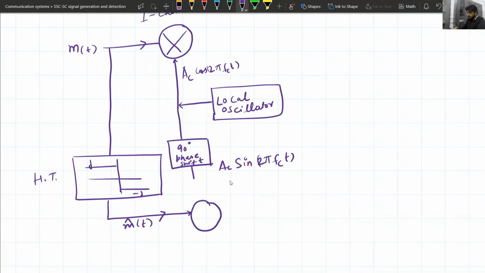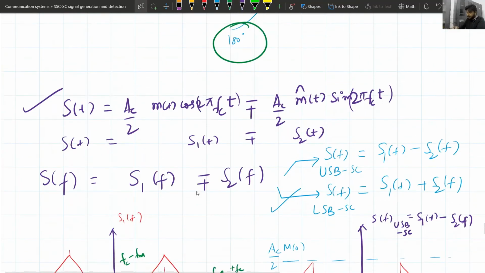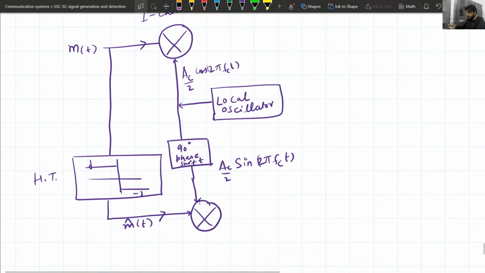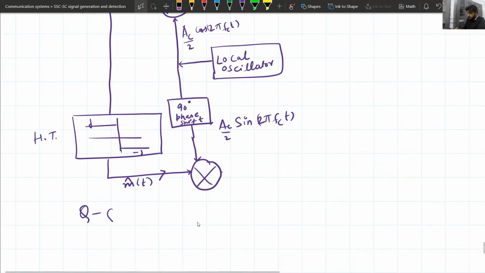through the modulator. Let's call it AC by 2 because we have in this equation the amplitude that we have taken, that is AC by 2, and then this part is called the Q channel.